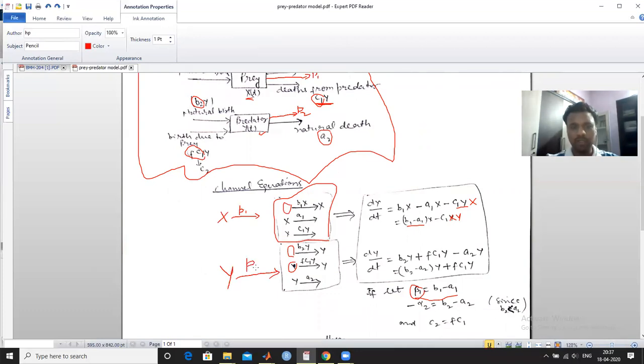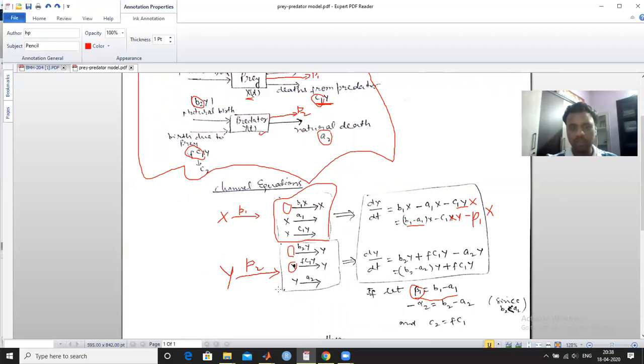So there will be two additional equations. What will be the effect on this one? Because X is appearing on the left-hand side and the rate is P1, a negative sign will be there. The parameter rate is P1 and the concentration is X. So that will be the effect of DDT.